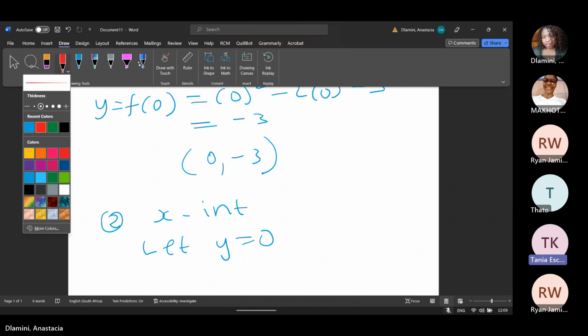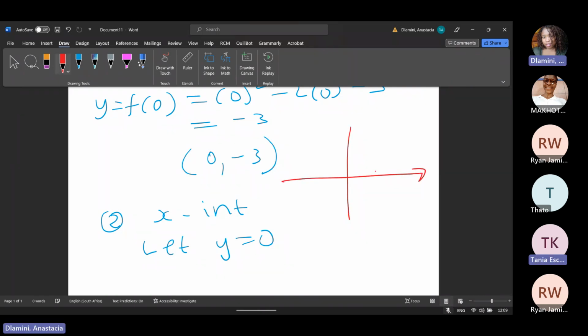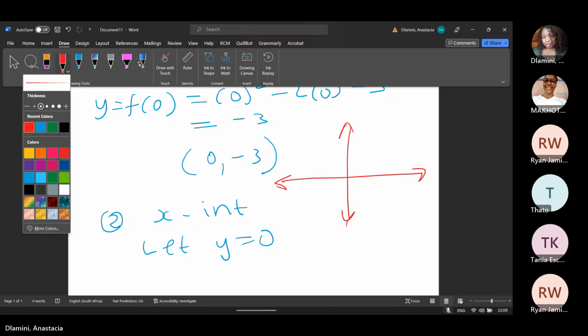Guys? No, ma'am, I don't know. You actually substitute x with 0, or assign 0 to x. Yes. But why are we doing it?